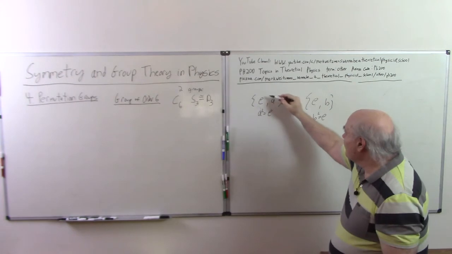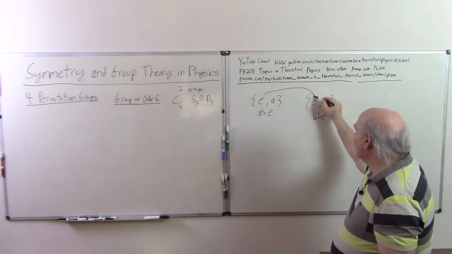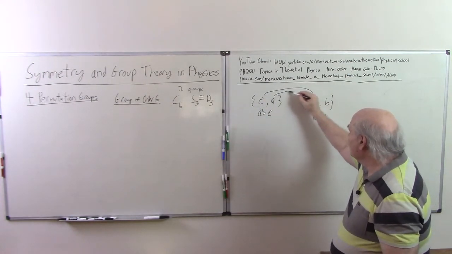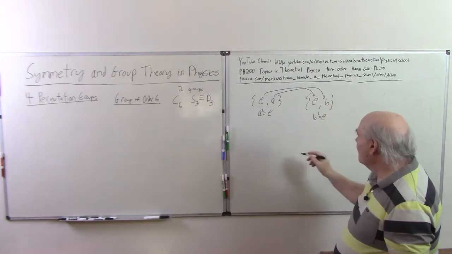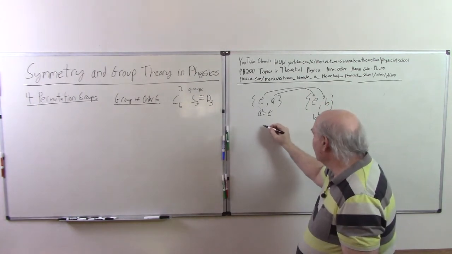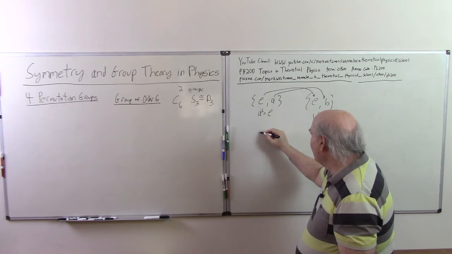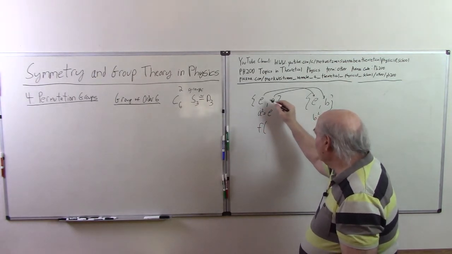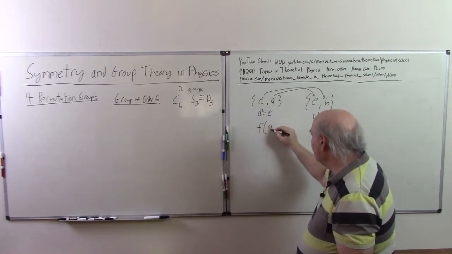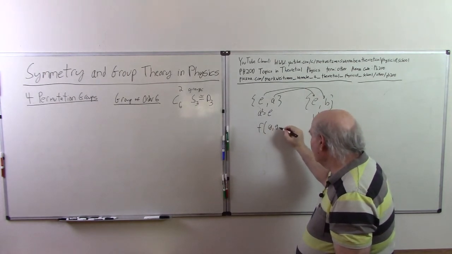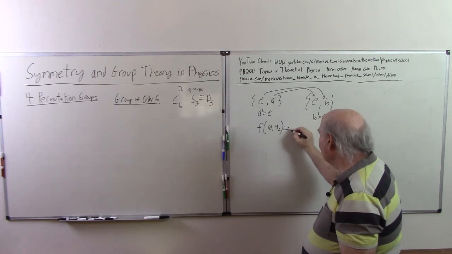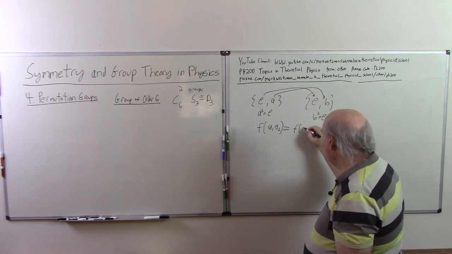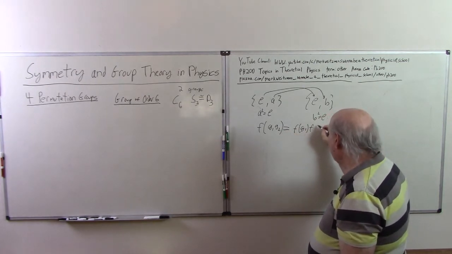So if we made a mapping, let's say we mapped the identity to the identity, and we mapped A to B, what we would find would be that F of, let's say, a general element in this group, G1 G2, is going to be equal to F of G1, F of G2.